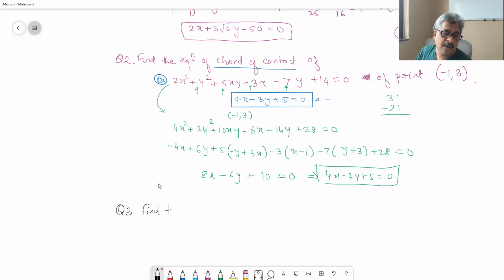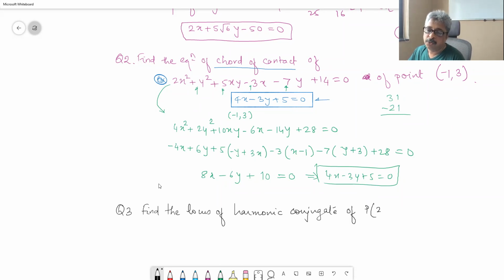Find the locus of the harmonic conjugate of P, 2 comma minus 3, with respect to the curve xy is equal to minus 6, with respect to the point of intersection.